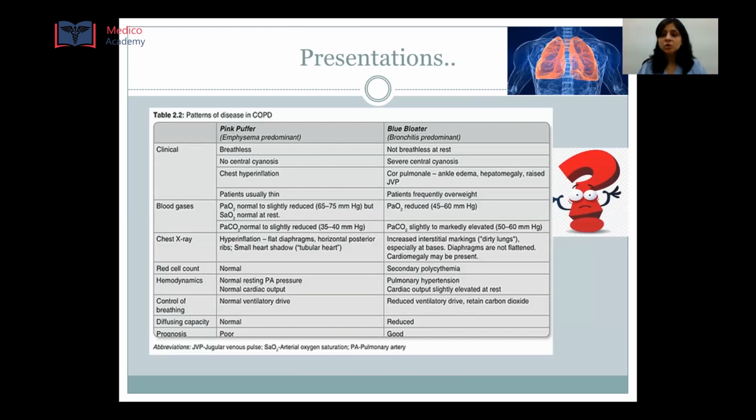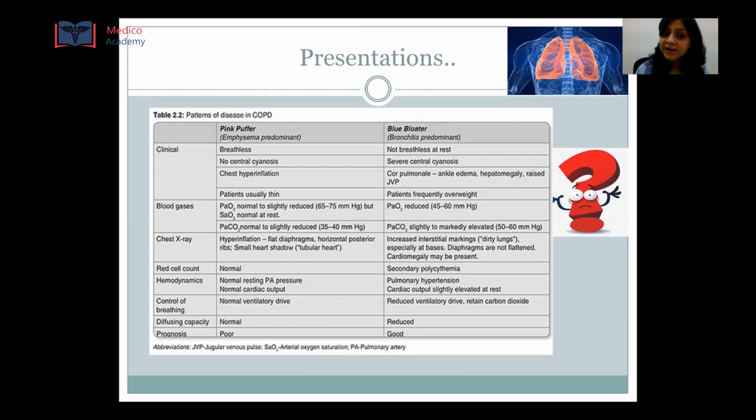On the other side, the blue bloaters, they will not be breathless at rest, they will have severe central cyanosis, hence the name blue bloaters. They will have all the features of right-sided heart failure, not will have, might have, like cor pulmonale, ankle edema, hepatomegaly, raised JVP. These patients will be frequently overweight.